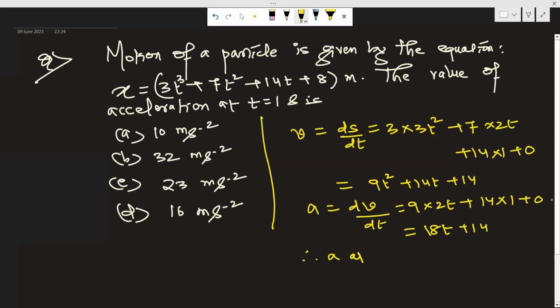Therefore acceleration at 1 second कितना होगा, 18 into 1 plus 14, that means 32 meter per second square.